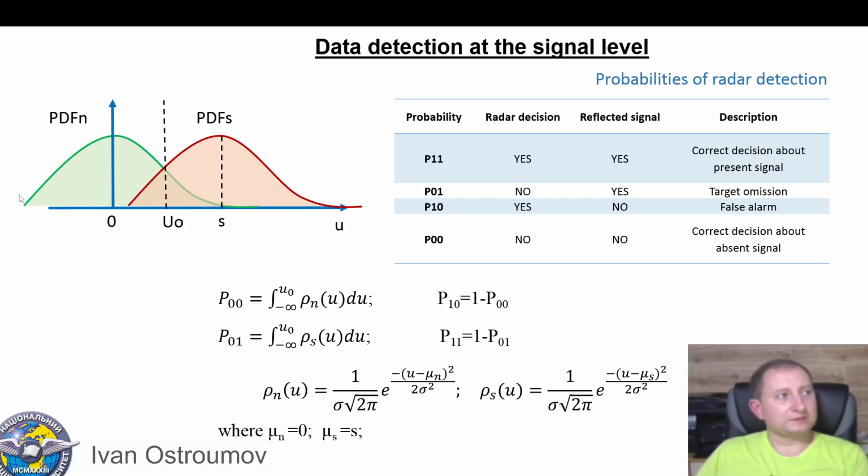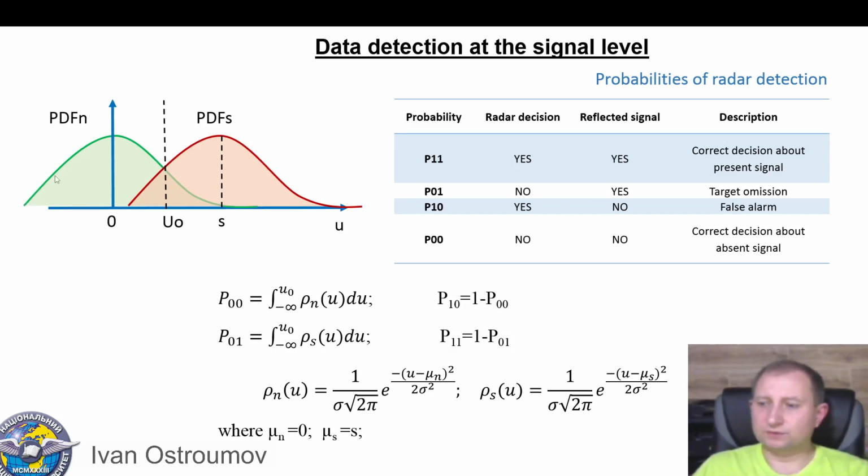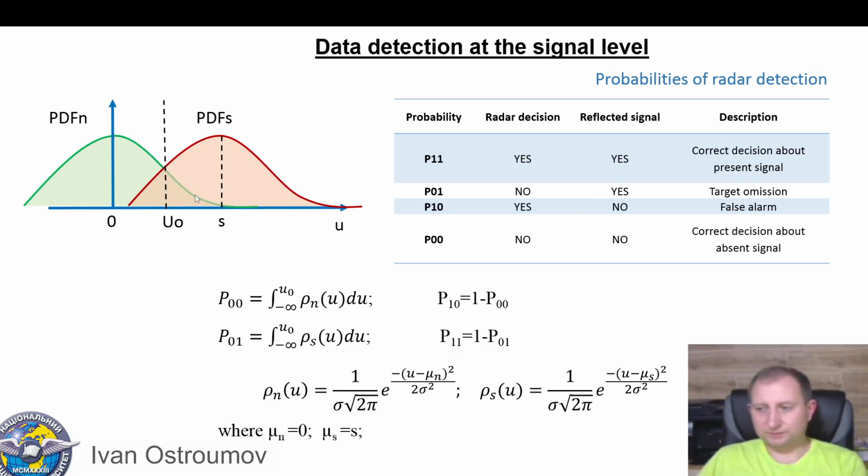We can fix the probability density distribution of noise with 0. It means that our probability density function describes the probability of getting some value of noise.